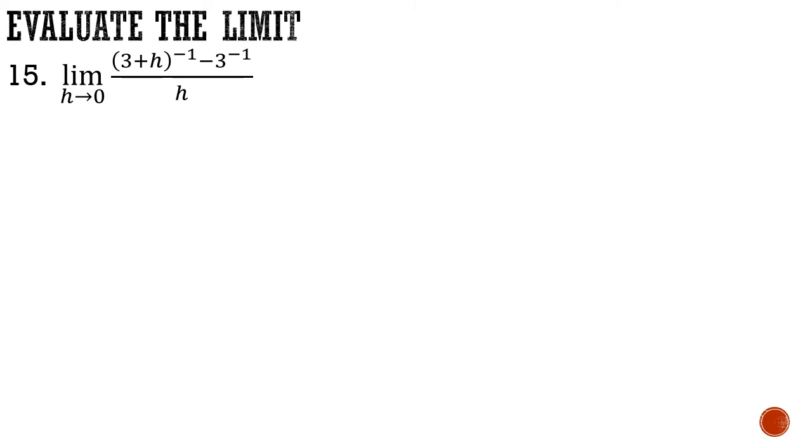Number 15, we have 2 more examples, or 16 total. Number 15 is actually similar to number 14 that we just did. If you notice in the numerator, 3 plus h is raised to a -1. So I'm going to rewrite that.